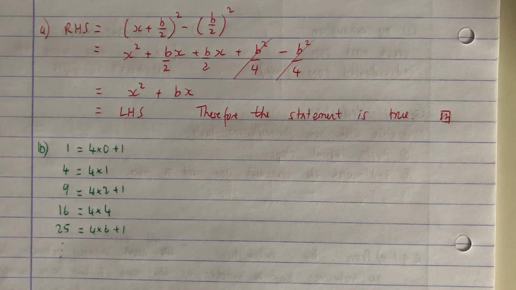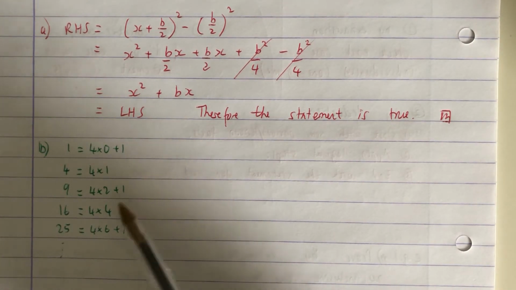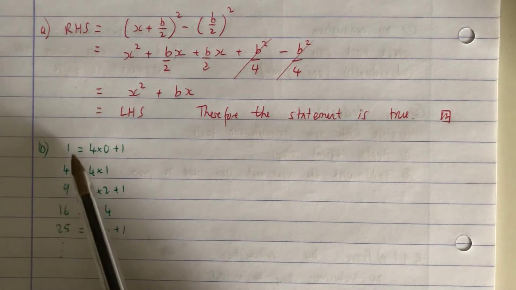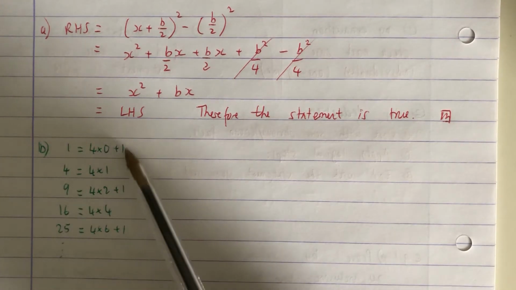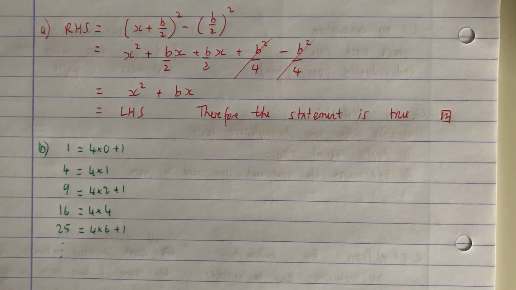So it looks like we've got this pattern of one more, exactly a multiple of 4, one more, exactly a multiple of 4, one more, and so on. So the odd square numbers are one more, and the even square numbers are exactly a multiple. Now this allows me to actually start the proof, because there's two cases. So I'm going to consider the even square numbers and the odd square numbers separately.